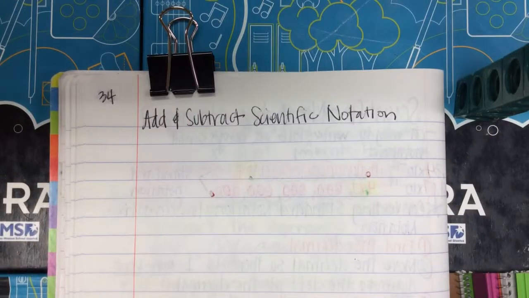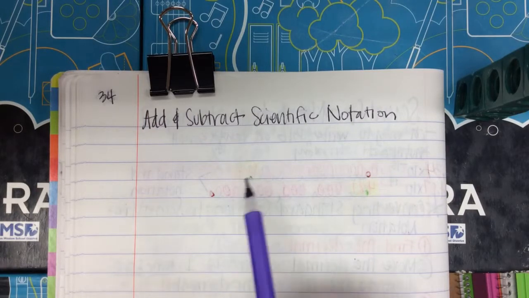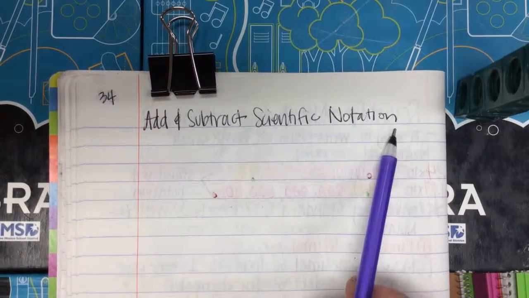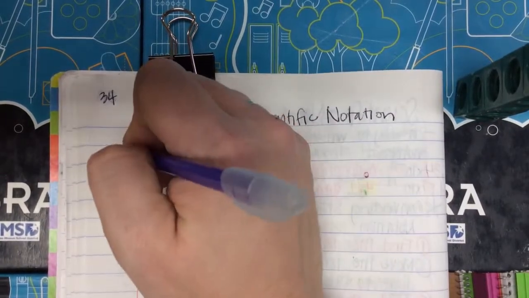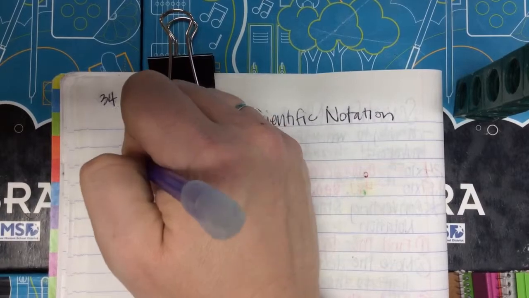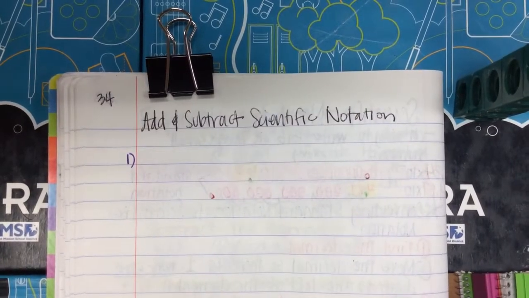All right, to add and subtract scientific notation, our objective is to add, subtract, find the sum, the answer, the difference, the answer, to two or more numbers written in scientific notation. So what we're going to do today is a combination of what we've been working on.